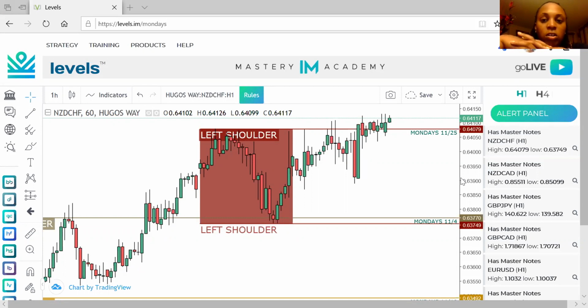It's a strategy on how we look at market structure. It's a strategy in how we identify the overall direction of the trade and what to expect. And it's a strategy in how we enter the market and participate with it. Right? Levels is not a product. Levels is a strategy, right?